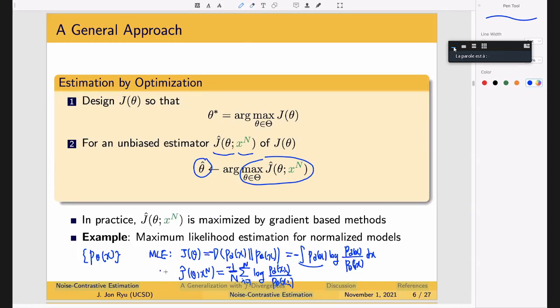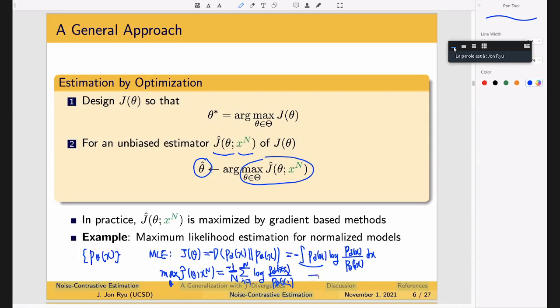So in the maximization of this with respect to theta, the PD xi, the underlying density evaluated at the sample point, is irrelevant to the optimization, so we can ignore it. You can just subtract this term.